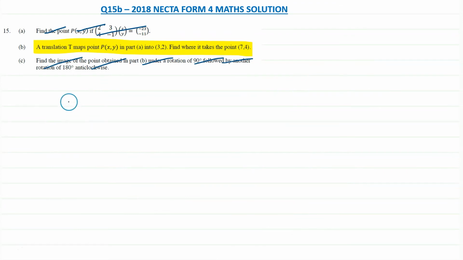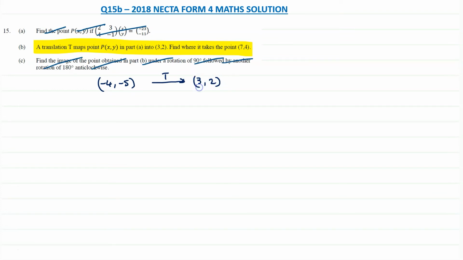Now for B, we're told a translation T maps point P(x, y) in part A into (3, 2). So the point from part A, which was (-4, -5), has been translated, and now you get the point (3, 2).